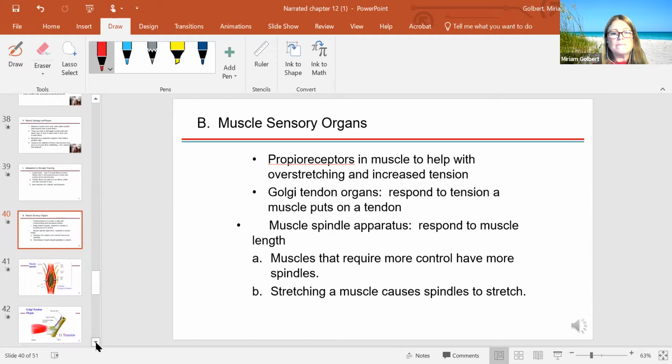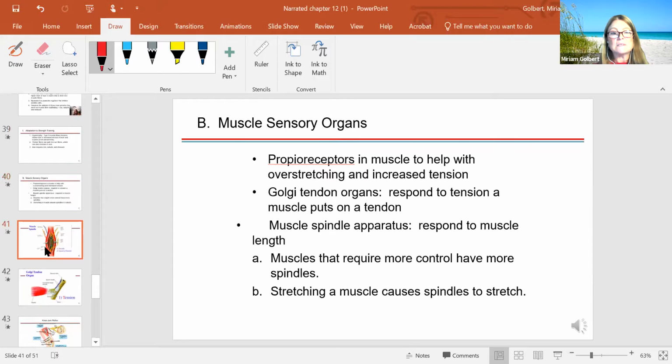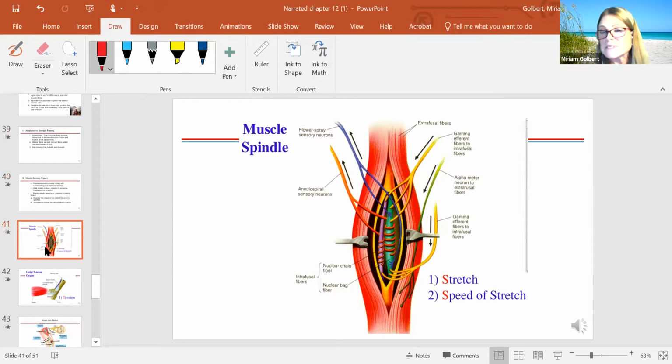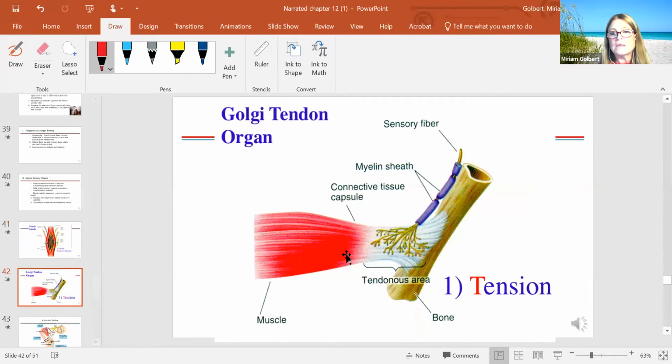And these are really neat. These are what we call the proprioceptors. And you should probably remember this from chapter 10. These are receptors that are located within the fibers and very close to joints, like here. So these are proprioceptors.